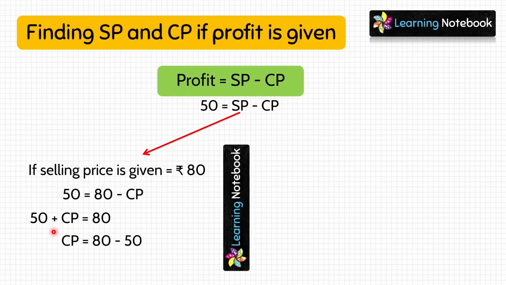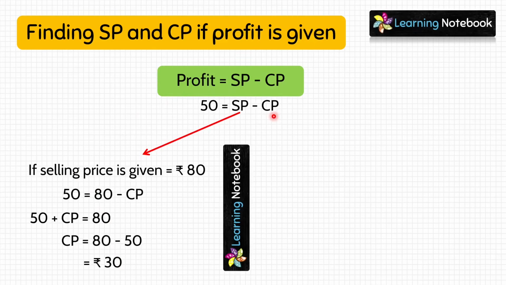Again, on shifting, the sign will change from positive to negative. So we get CP equals to 80 minus 50, which is equals to 30. So cost price is rupees 30. So students, here we have calculated cost price when profit and selling price is given.